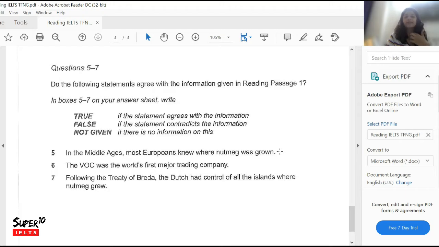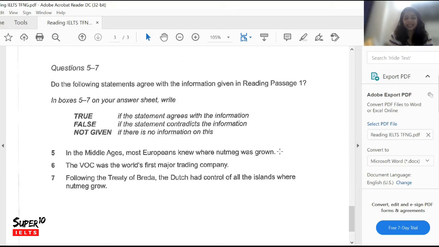So it says, in the Middle Ages, most Europeans knew where nutmeg was grown. Now, do you understand the question? If you don't, pause the video and first understand. What is the statement trying to say? And you have to focus on each and every word, because even if one thing changes in the passage, that means your answer can also change.